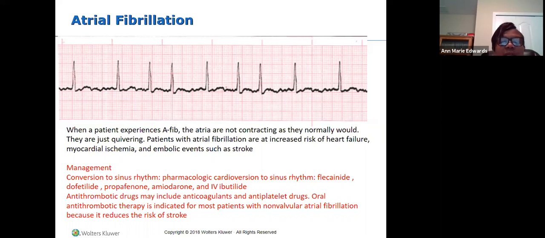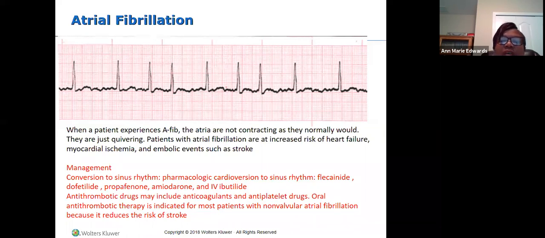Management of AFib. When patients have AFib, conversion to a normal sinus rhythm is necessary. They can use pharmacological agents to convert AFib to a normal sinus rhythm. And these drugs are like your flecainide, dofetilide, propafenone, and amiodarone.